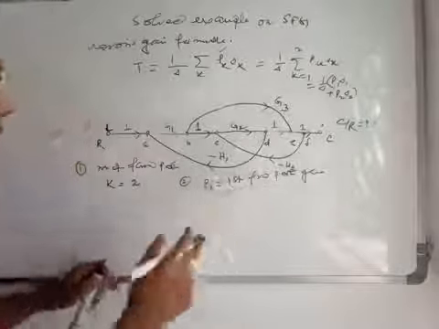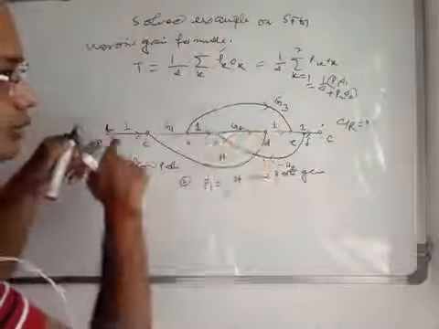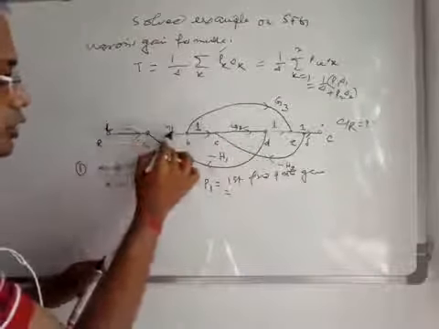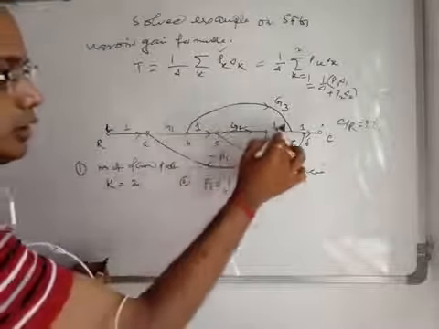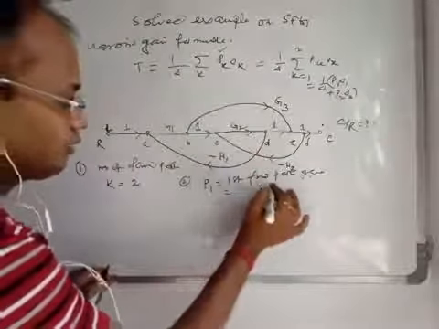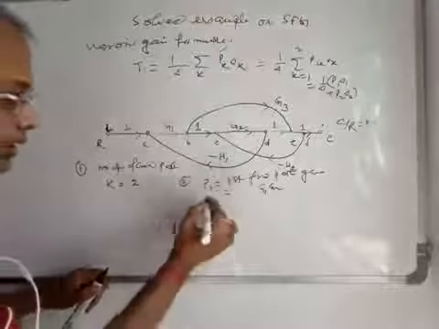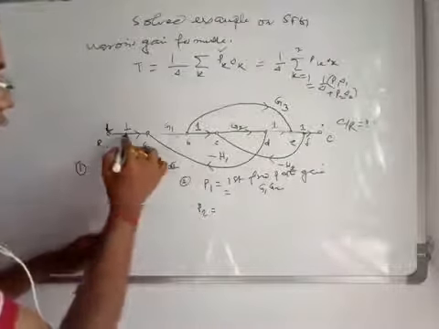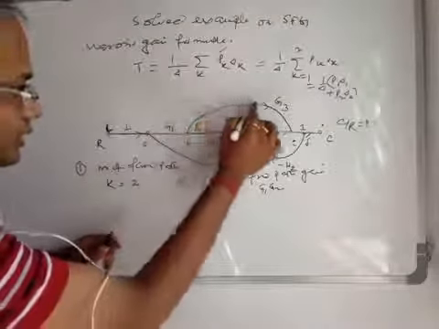So the first forward path gain means the first forward path consists of the branches, and the branch gains will be multiplied. So 1 into G1 into 1 into G2 into 1 into 1. So the first forward path gain is G1 into G2. Definitely there will be a second forward path, as you have identified. The second forward path is like this.